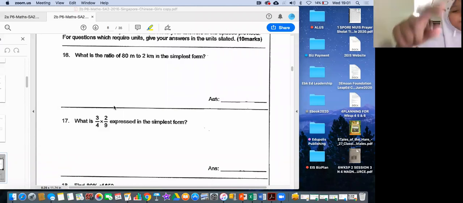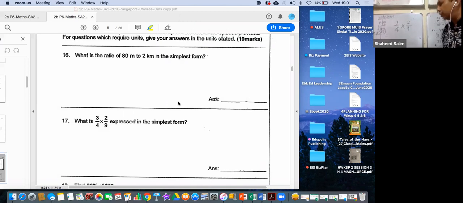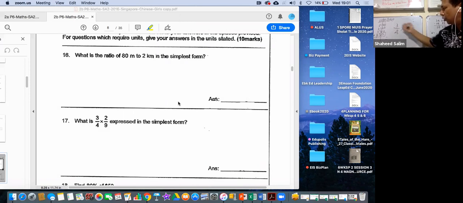Okay, we will go through. I'm going to show you very quickly. Very, very simple. Now, you ask yourself, you're going to reduce. Shafika, can any of the numbers be divided by 2 on top? Can divide by 2, so you divide this by 2, you get 1.